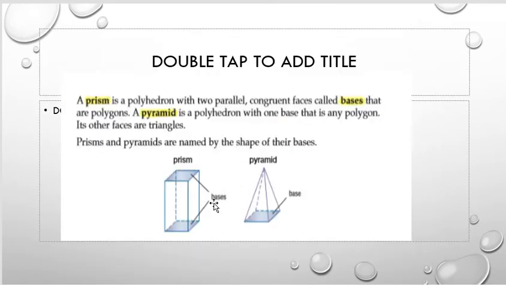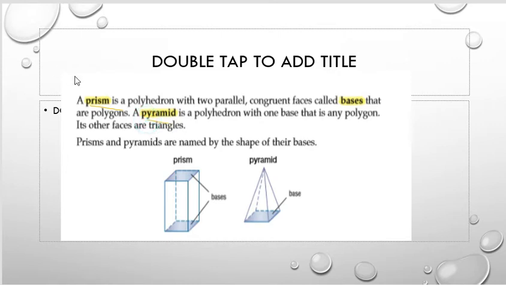Okay, so let's identify what a base is, for prism and pyramid. For a prism, this is what you have to take note of: there are two parallel congruent faces. Some people get confused about the differences and similarities between prism and pyramid.